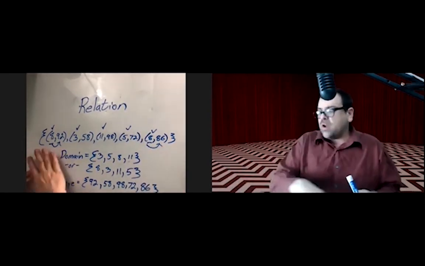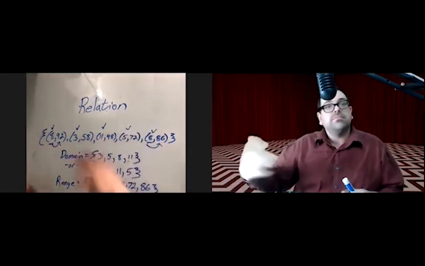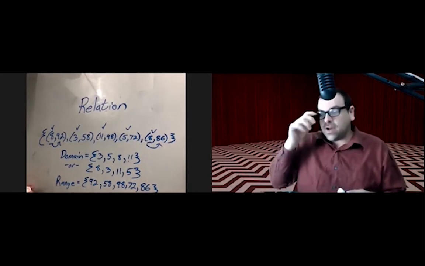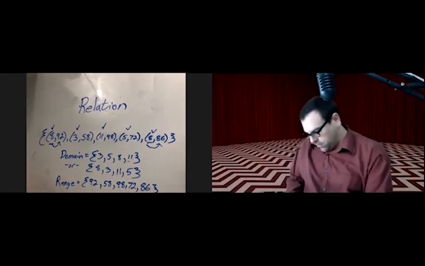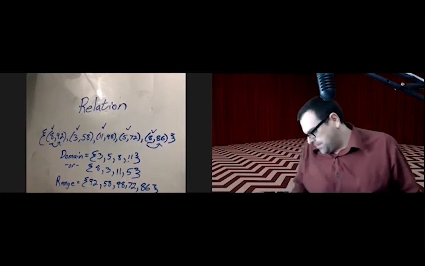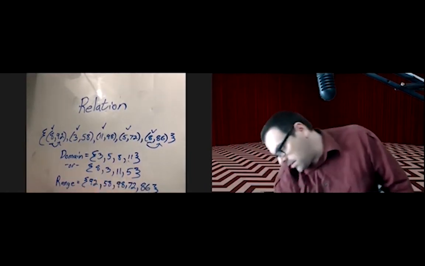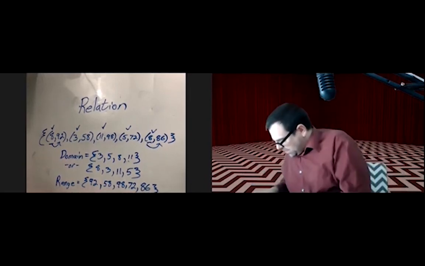That's okay. There's nothing wrong with that. It's just a normal run-of-the-mill relation. It's not a special relation that we call a function. Marker down. Marker down. Okay.